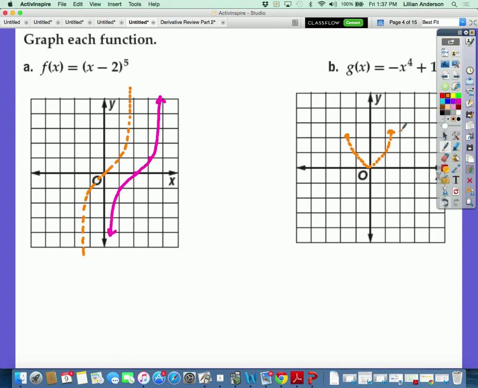It flips it upside down, so it gets reflected over the x-axis, and what does that plus 1 mean? It means it goes up. And so then we have that. So the same rules still apply for transformations, and that's a little quick review of Unit 1. Okay? Questions?